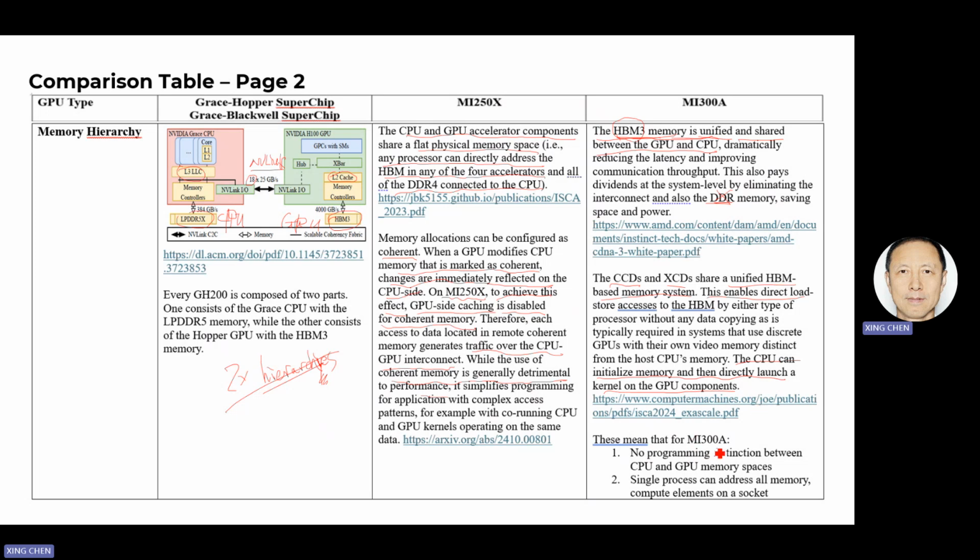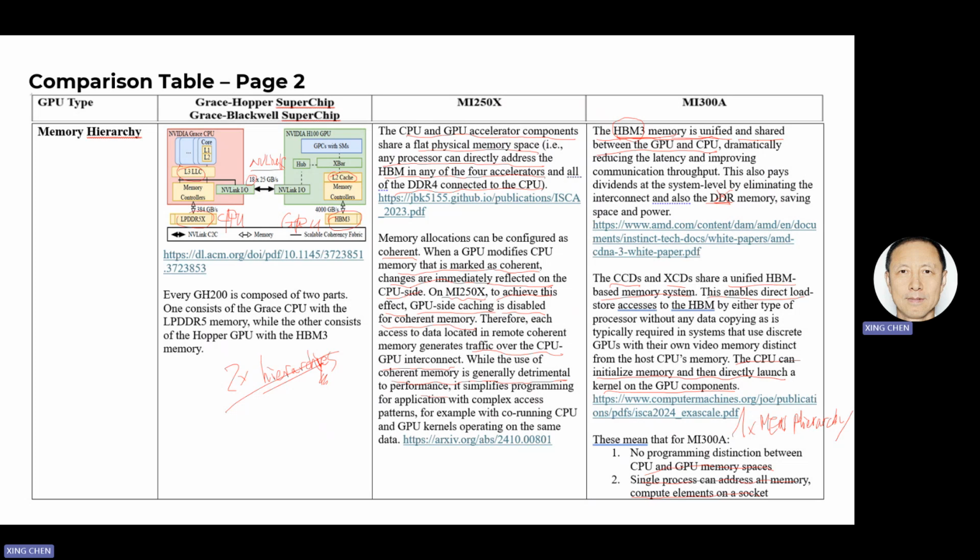That means for MI300A, there is no programming distinction between CPU and GPU memory spaces. As I said, you have only one memory hierarchy. And a single process can access all memory and compute elements on the socket. So each process can access everything from the same socket.